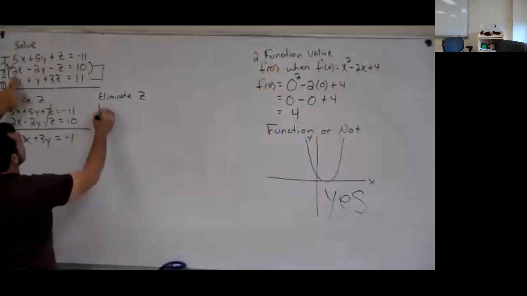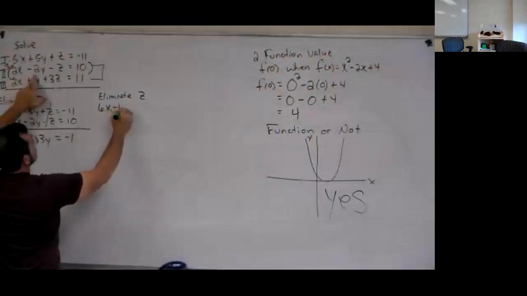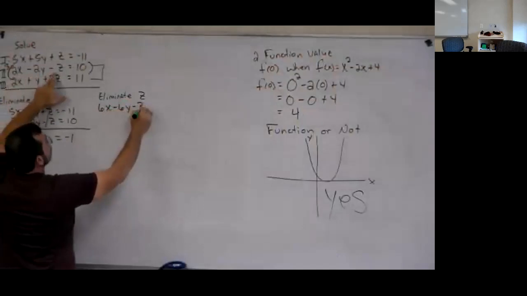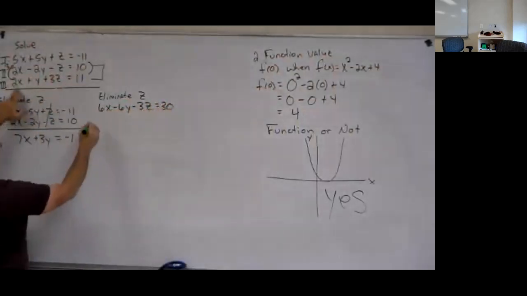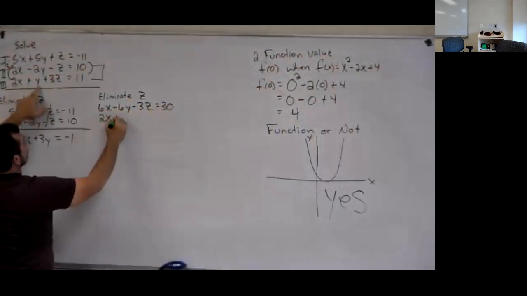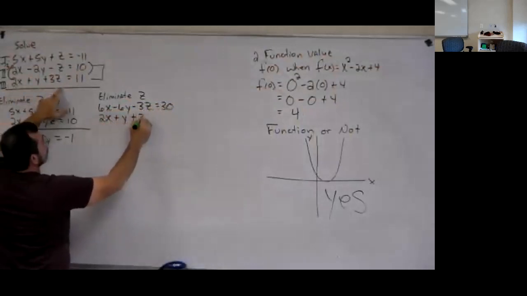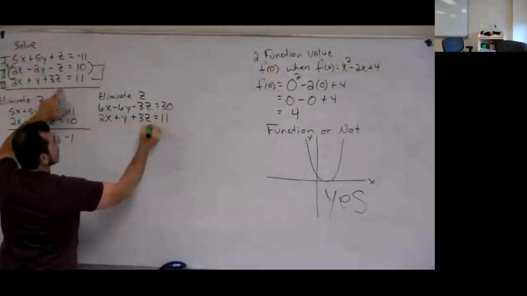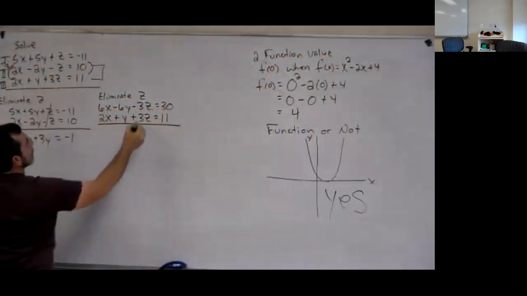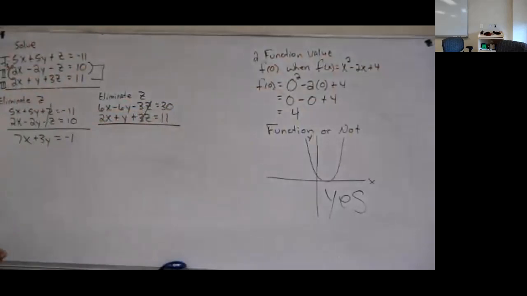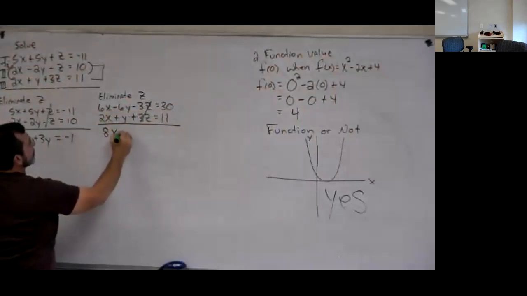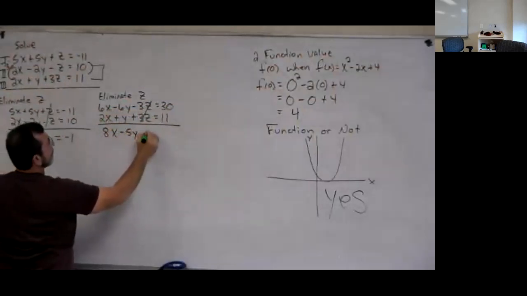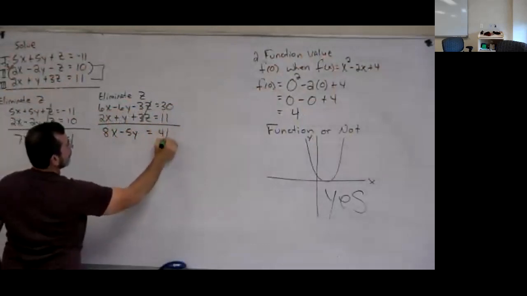So I get 6x minus 6y minus 3z equals 30. Add that to the 2x plus y plus 3z equals 11. So notice my z's do cancel. All right, so let's see what I get. I get 8x, negative 6 and 1 is negative 5y equals 41.